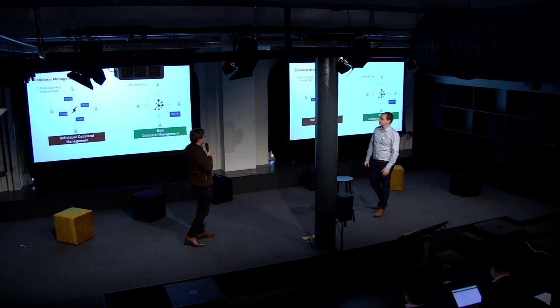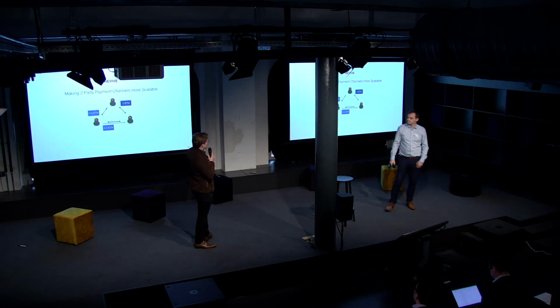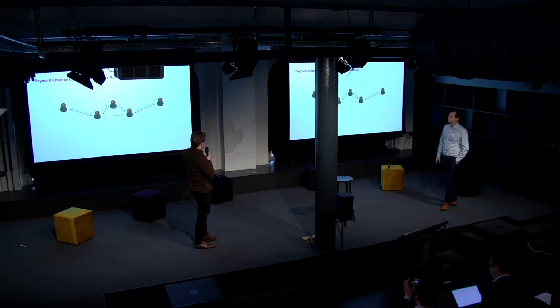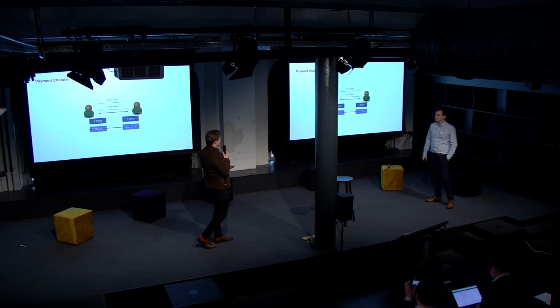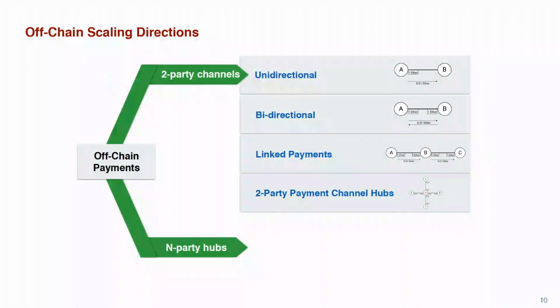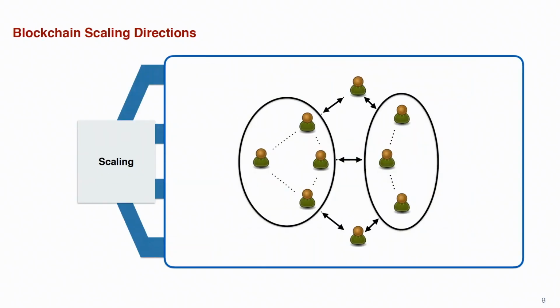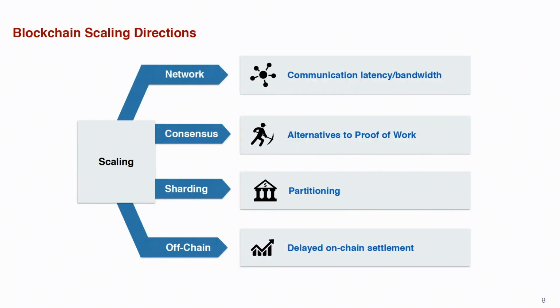Yes, so I believe the easiest would be to improve the internet connectivity. I'm trying to scroll back here, this takes a bit of time. So the easiest part would be to basically improve the network layer, right? Okay, so this one is probably the easiest.